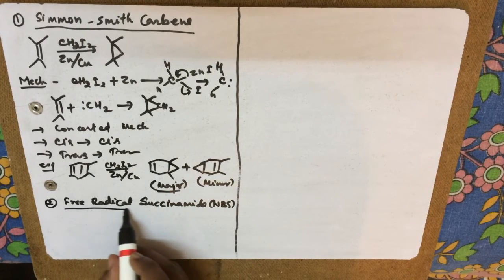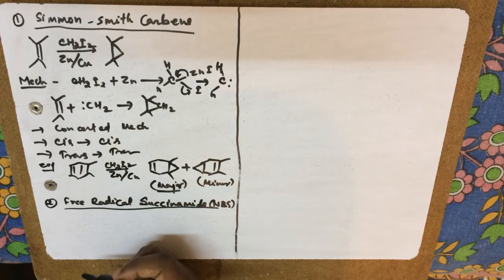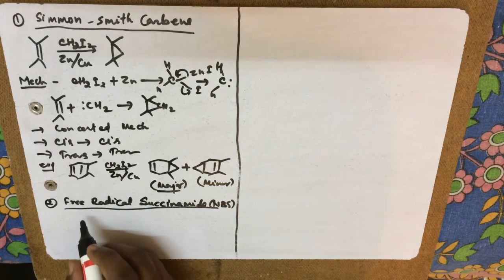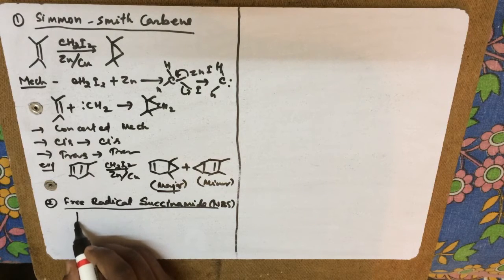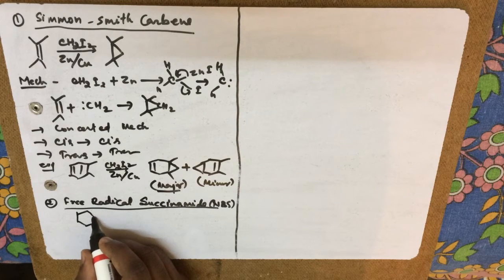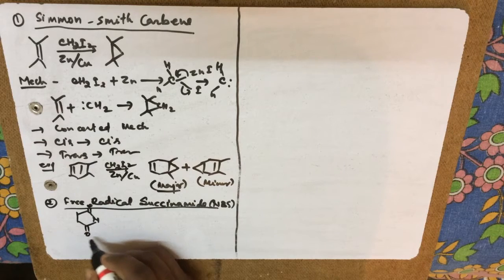So this is basically NBS which generates a free radical. So NBS is this. This is the NBS.